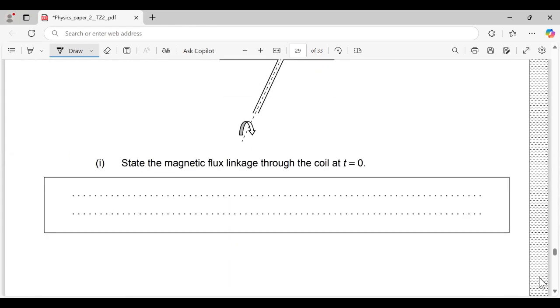State the magnetic flux linkage through the coil at t equal 0. Magnetic flux linkage, or phi.